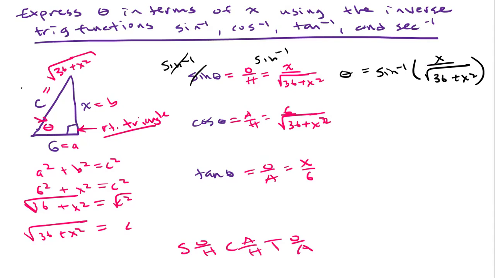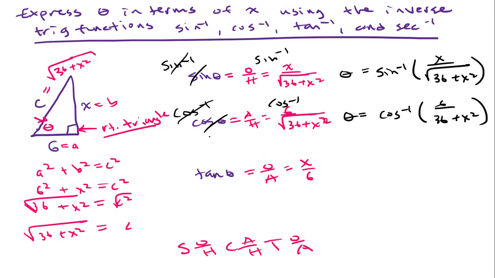Following the same pattern for this one, we take the inverse cosine on both sides, so this cancels. Theta is going to equal the inverse cosine of 6 over the square root of 36 plus x squared.